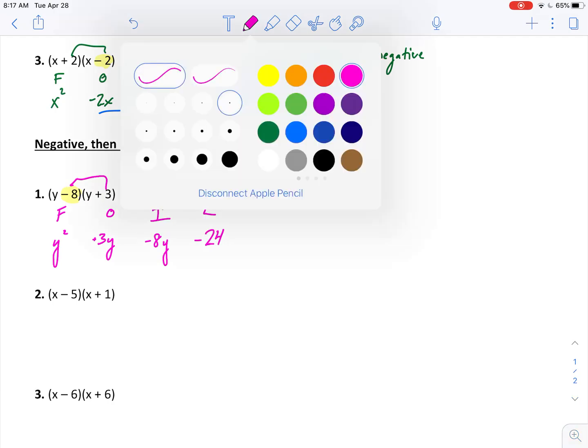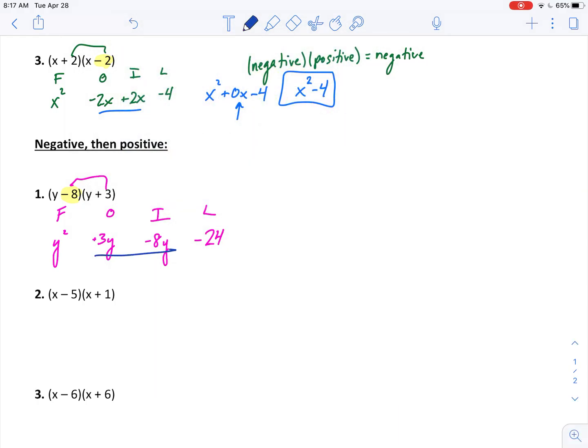Outers, positive 3y. The inner product is negative 8 times y is negative 8y. And the last, negative 8 times positive 3. Negative times a positive is a negative. 8 times 3 is 24.